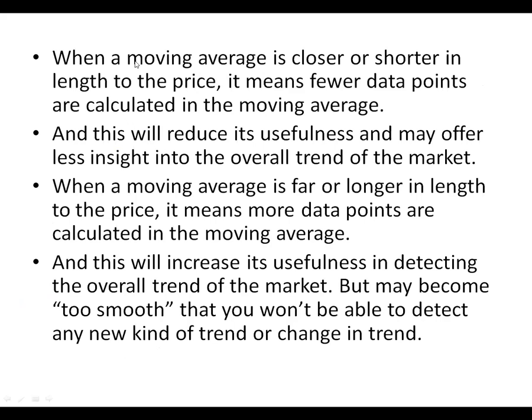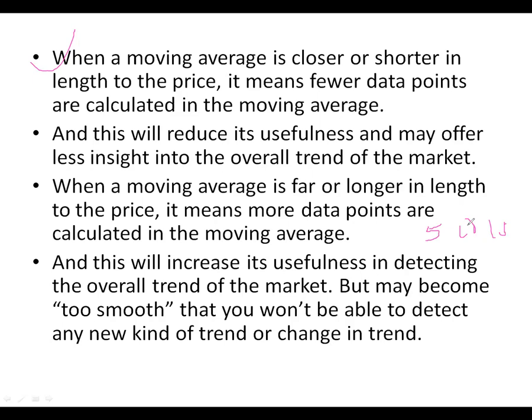So the first point here says that when a moving average is closer or shorter in length to the price, it means fewer data points are calculated in the moving average. So maybe the moving average is using fewer points, like maybe 5, 10, 15, 20. The higher the number, the farther the moving average will be from the candles. The smaller the number, the closer the moving average will be to the price or the candles.